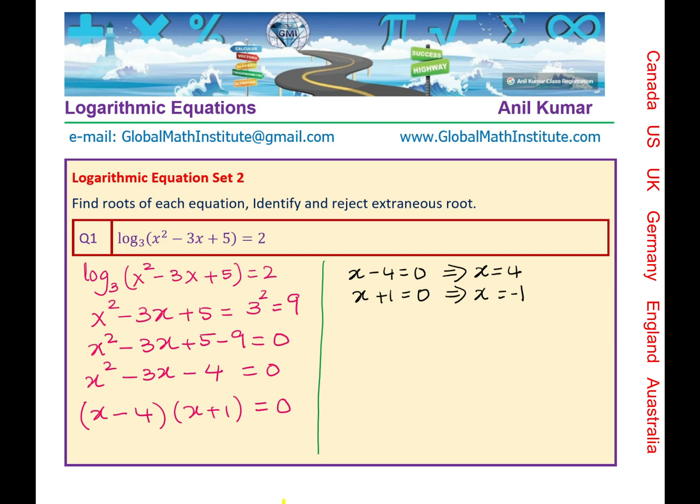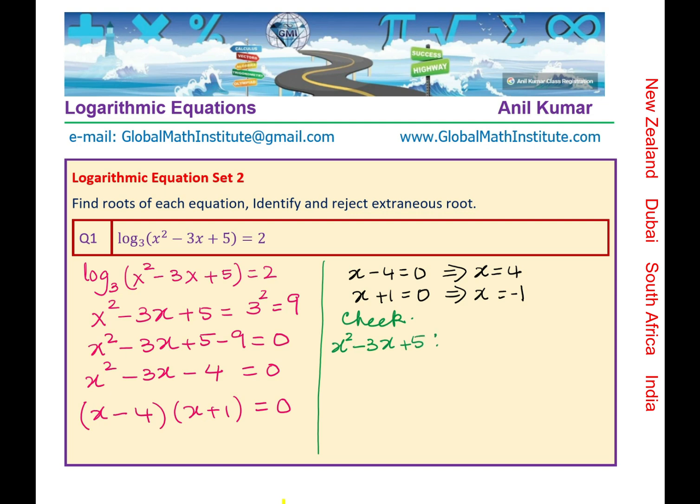So how do we check that part? To check, we'll substitute the value in the argument itself, which is x squared minus 3x plus 5.